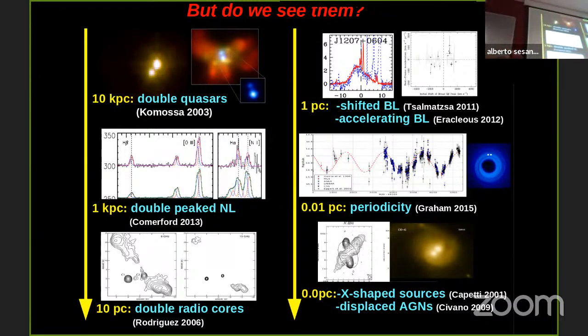Everything on this other half of the diagram are candidates, because at lower separation, when we don't resolve the object, we have to rely on spectroscopic features or time behavior of the source. And relying on those is very difficult because we don't really have a predictive model for what single accreting supermassive black holes do, right?